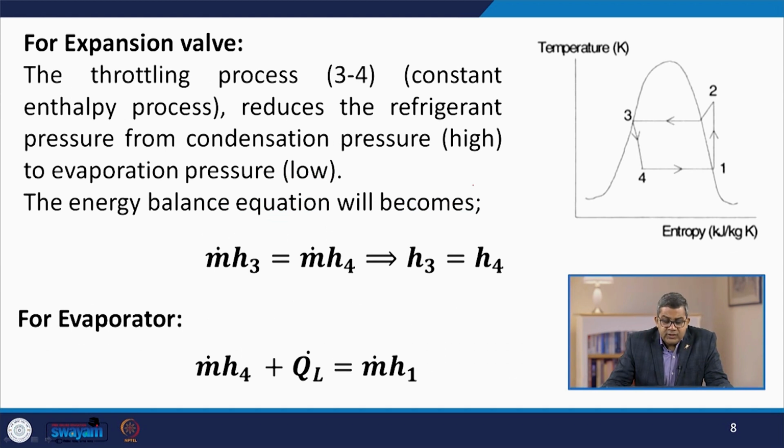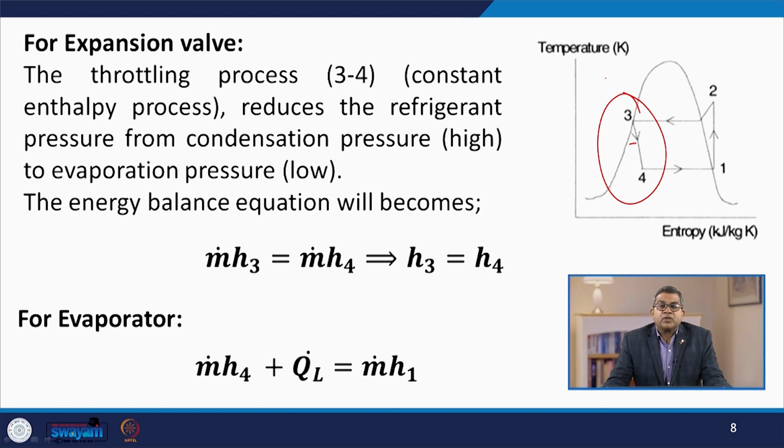The next stage, from 3 to 4, is called the expansion stage. The expansion valve is attributed to the throttling process, sometimes referred to as the isenthalpic process or the constant enthalpy process.